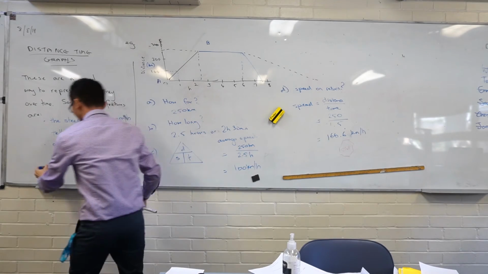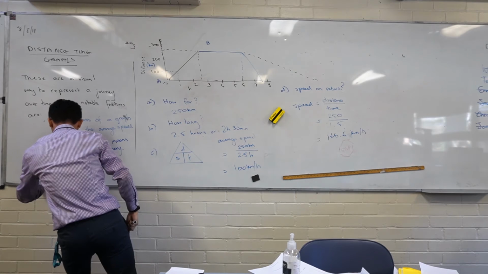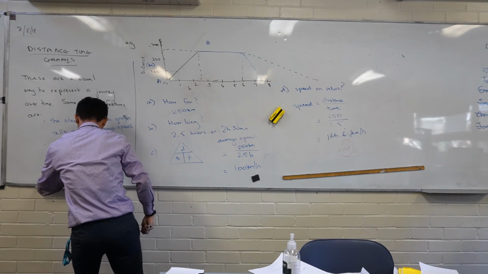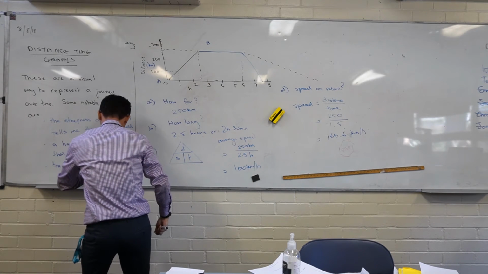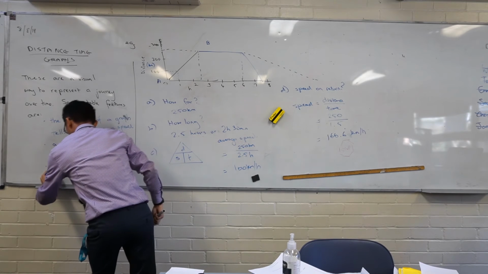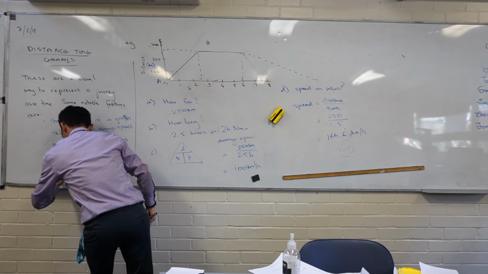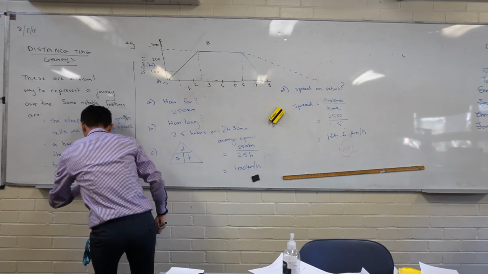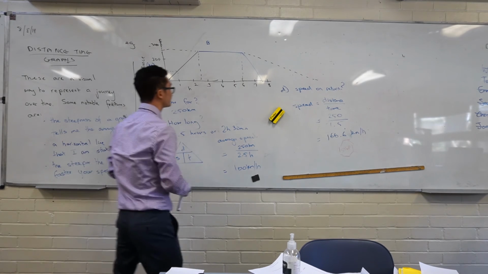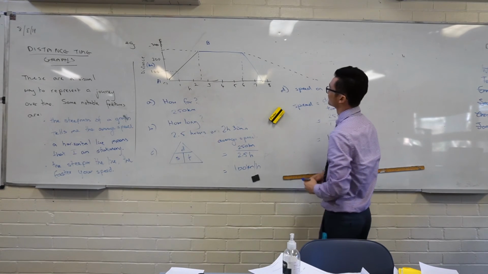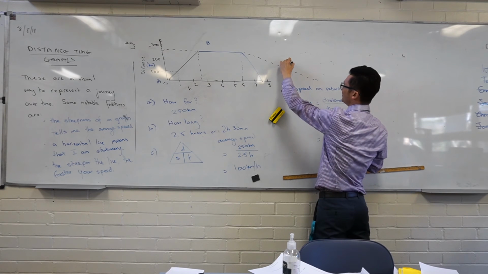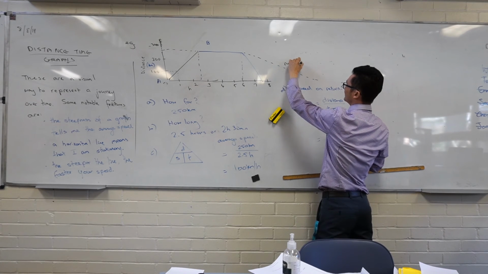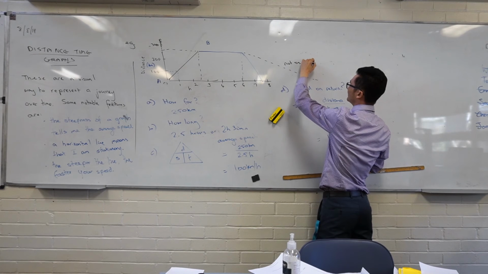That's the next observation. The steeper the line, the faster your speed, or the higher your speed. That's not as steep, and that's steeper.